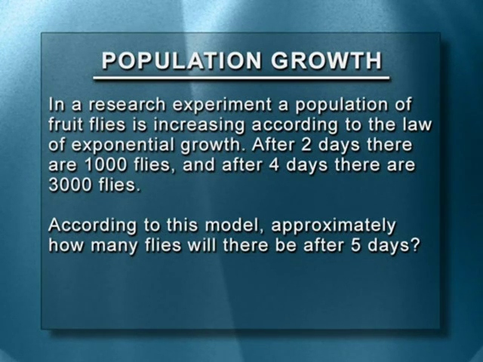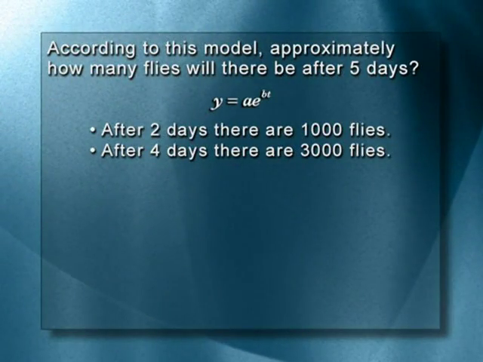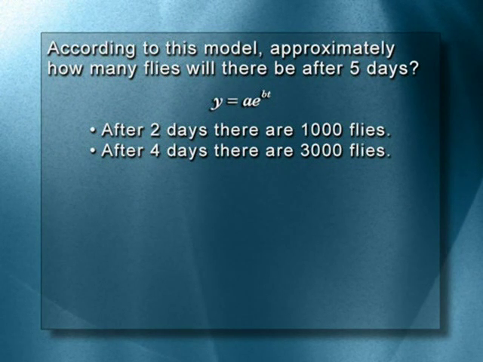So let's explore this model. We're going to assume that the fruit flies grow as the exponential model, ae to the bt. I won't use x now, I'll use t because it's time. And we have some equations we can form because we were told that at time 2, there were 1,000 flies. So when t equals 2, y is 1,000.